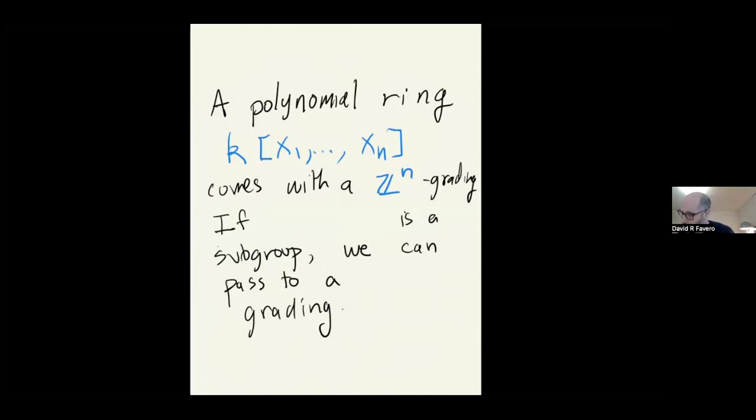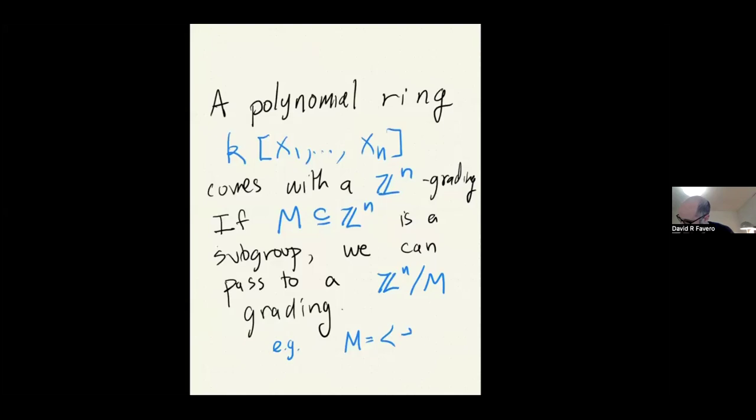And if M is a subgroup of Z^n, then I can just pass to the quotient grading. I maybe think of this as a multi-grading. For example, M is the subgroup generated by e_i minus e_j, and you get the standard grading on the polynomial ring.